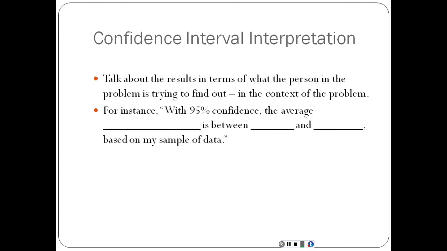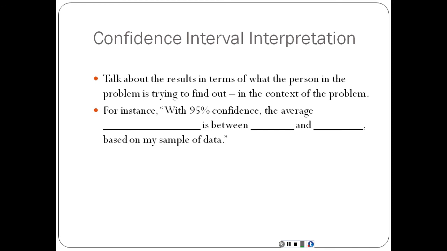After you've figured out what your confidence interval is, talk about the results in terms of what the person in the problem is trying to find out, in the context of the problem. I want you to interpret it in words that a non-statistician would understand. For instance, you could say, with 95% confidence, the average blank is between blank and blank based on my sample of data.